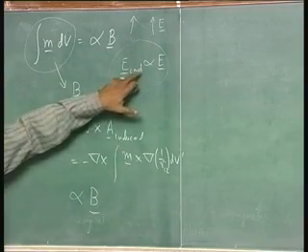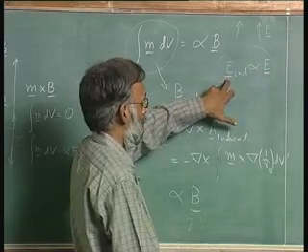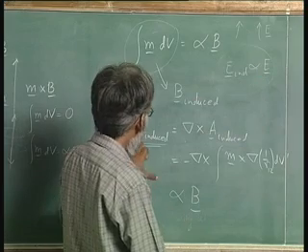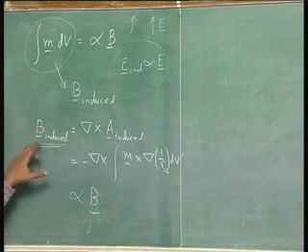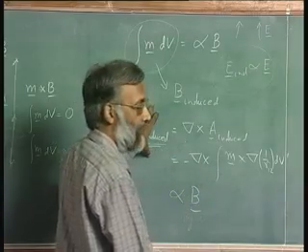I say proportional only in the sense of being proportional in amplitude. The direction of this was not the direction of the applied electric field. Similarly, the direction of B induced is not the direction of B. There can be changes in direction, but the stronger the external field, the stronger the induced field.